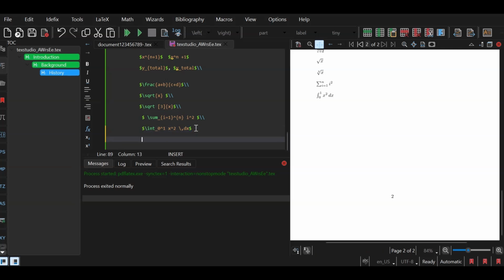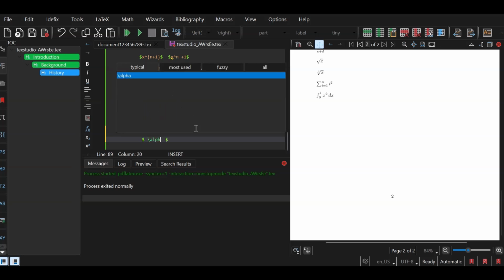Now Greek letters and special symbols are also things we need to mention in our paper. For that, LaTeX supports almost all Greek letters used in mathematics and science. Here are some examples. Always write in between dollar signs.